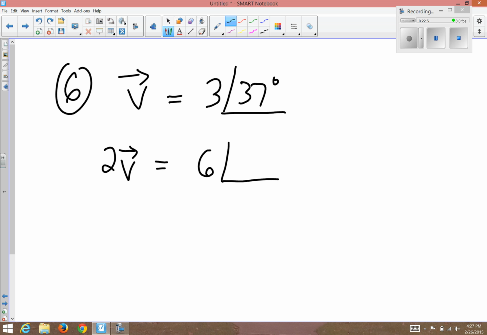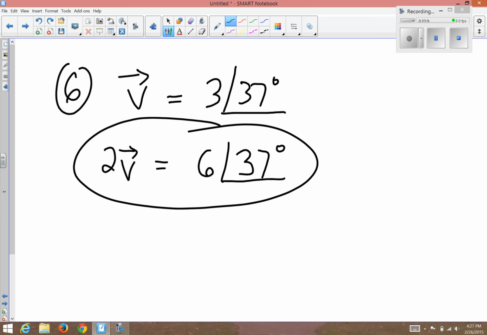The direction does not change. So there's the answer to number 6. 2 times the vector will multiply the magnitude by 2. The direction will not change. So look back at example 5 and you'll see that's verified.